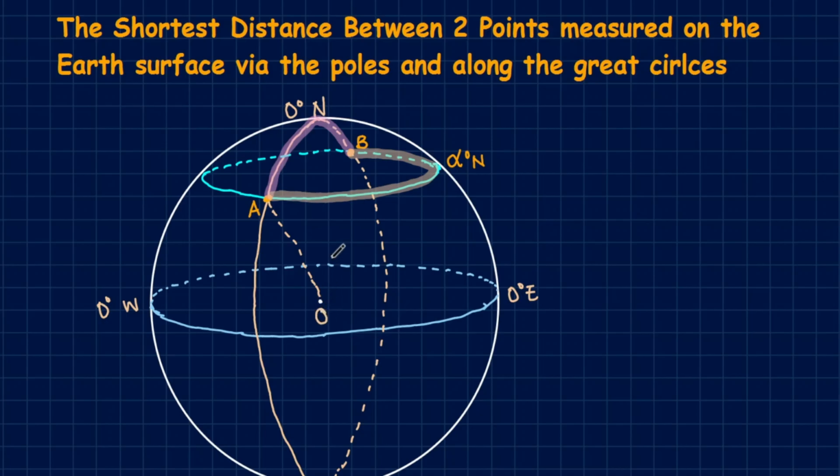We have here O. Then again, point B, let's extend it to the center of the Earth. And you also notice that our AO is the radius of the Earth, R, and OB is also the same radius of the Earth. So let us again subtend this point from 0 degrees to the center and also to the other side here.